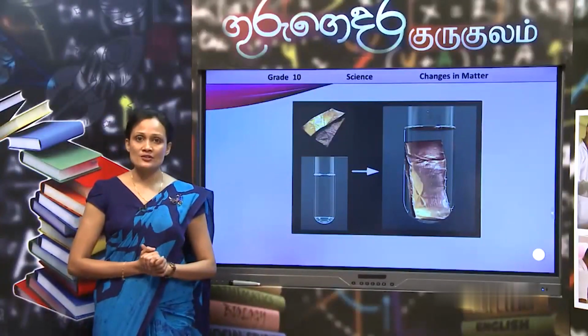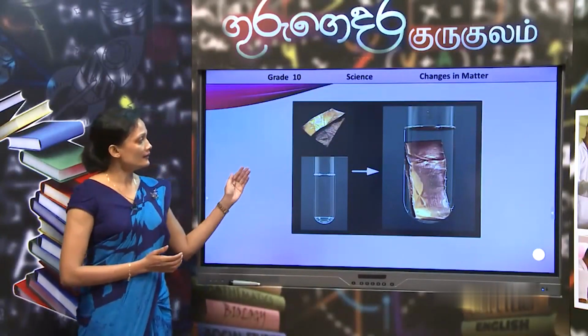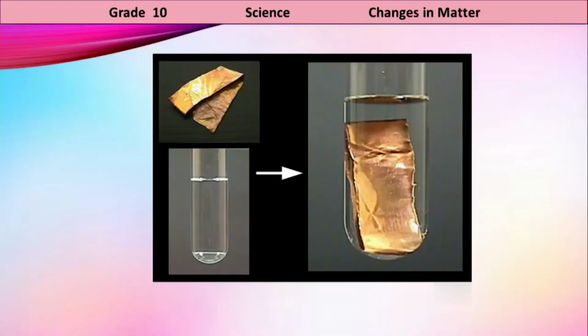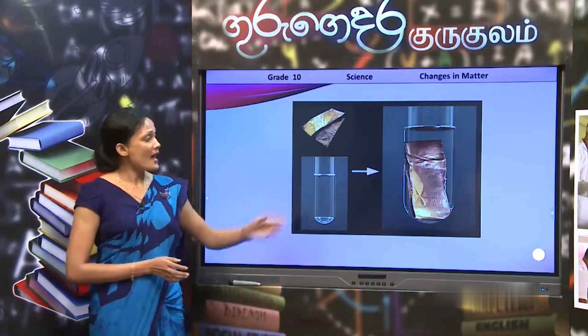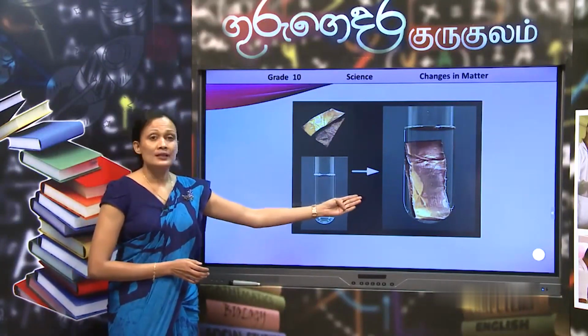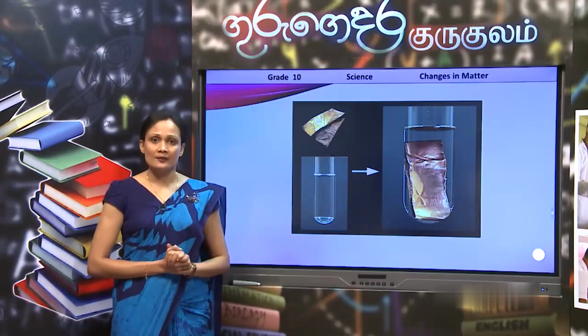Look at this picture. Here, a copper strip and zinc sulfate solution. If we add copper into zinc sulfate solution, what happens? Here, the copper strip is added to the test tube with zinc sulfate.